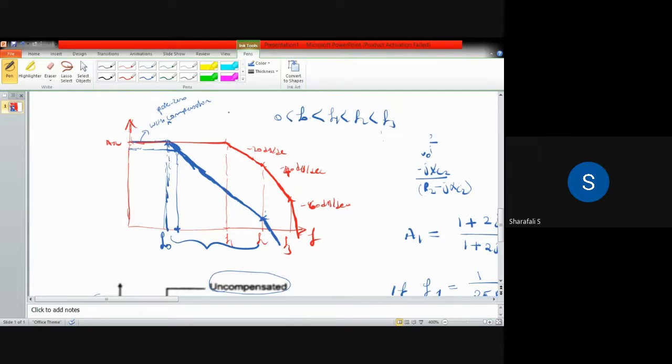The first corner frequency happens at F0 after compensation, and after that the gain rolls off at minus 20 dB per decade, and at F equal to F1, the pole zero cancellation occurs with the rate of minus 20 dB per decade. That is what is happening here.